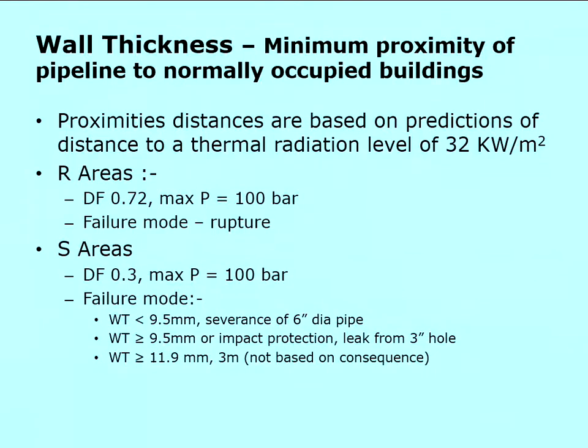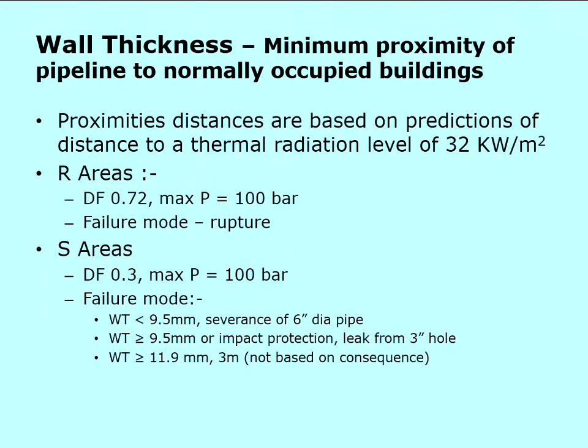If the pipe wall is less than 9.5 millimeters, you assume that your consequences are going to be severance of a 6-inch diameter pipe. So essentially you've got a 6-inch hole in the pipe, a 6-inch leak. If the wall thickness is greater than 9.5 millimeters, or you've got impact protection, you can bring the size of the hole down.